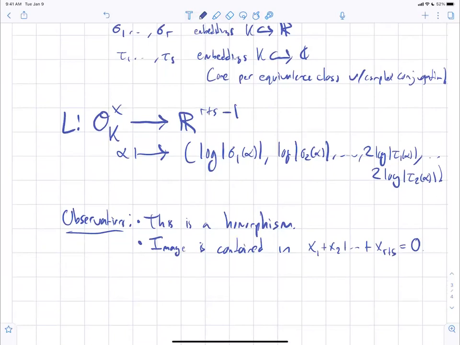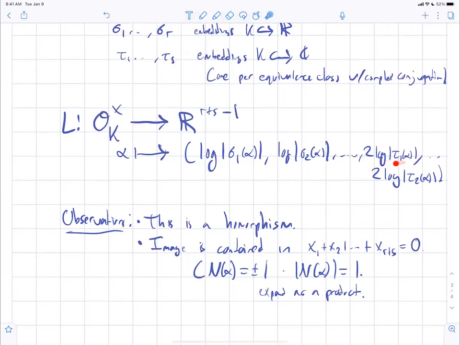This is because the norm of alpha is equal to plus or minus 1 for alpha in O_K cross, so the absolute value of the norm of alpha is equal to 1, and then we take log. You expand as a product: the norm is the product over all embeddings. There we'll have tau 1 and tau 1 bar, but when we take the absolute value, you just get the absolute value squared.